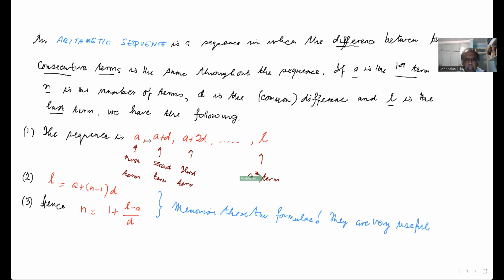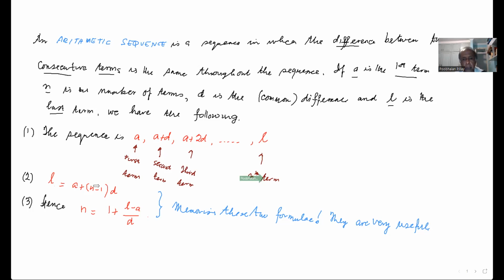The second term is A plus D, A plus 1D. Third term is A plus 2D. So therefore, the nth term is A plus n minus 1 times D. And the nth term is the last term, and that's equal to that. Now, this is a very important formula. L equals A plus n minus 1 D.